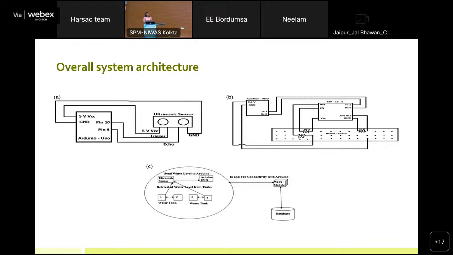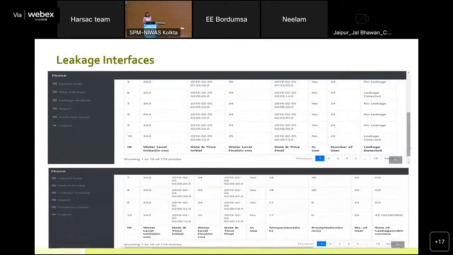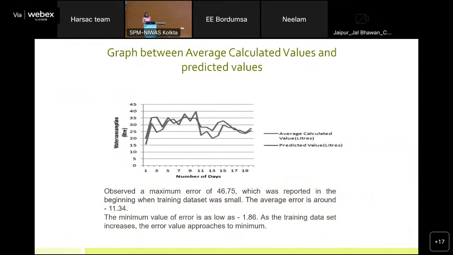So along with the volume, we included the time of consumption. If it is continuously being consumed for 24 hours, then surely there is a leakage. So the leakage detection was foolproof and we got the patent. If anybody is interested, we can share the whole thing with them.